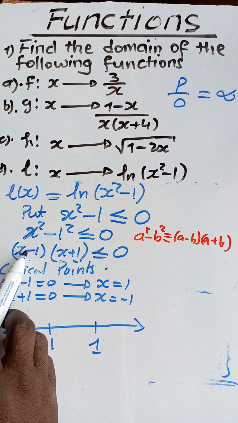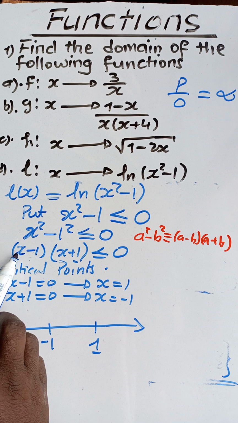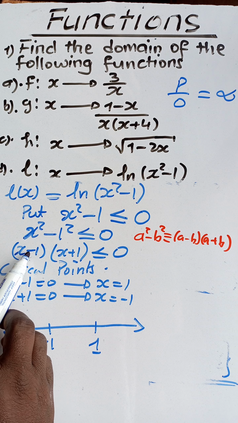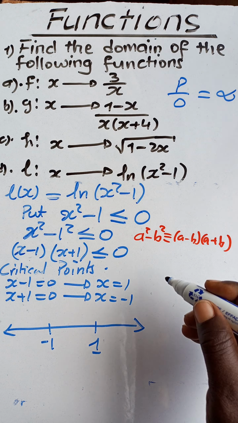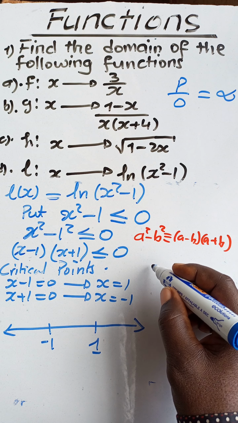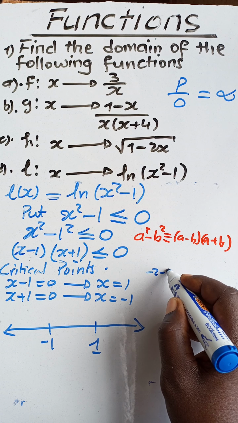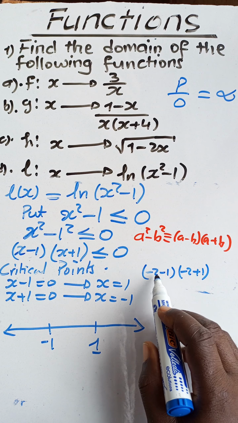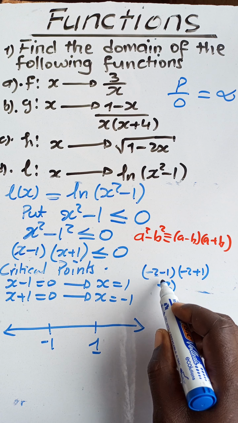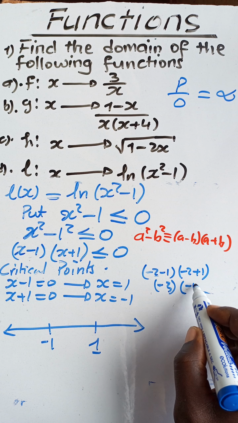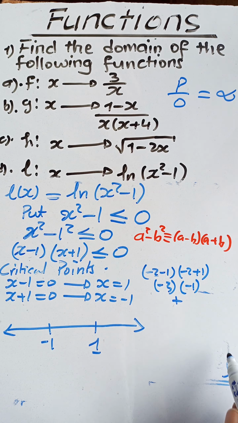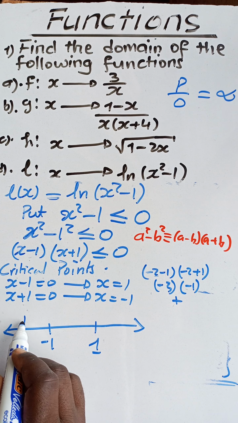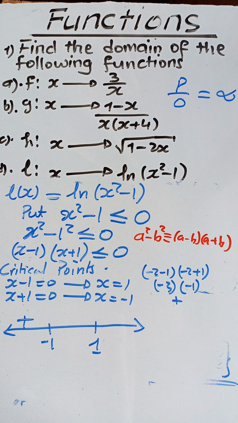When x becomes negative 2, we have negative 2 minus 1 into negative 2 plus 1. So this gives us negative 3 into negative 1. The product is positive. We're interested in the sign, so the sign here is positive.